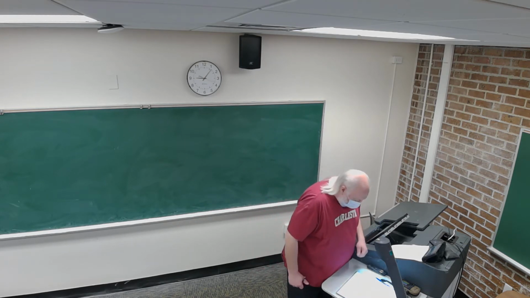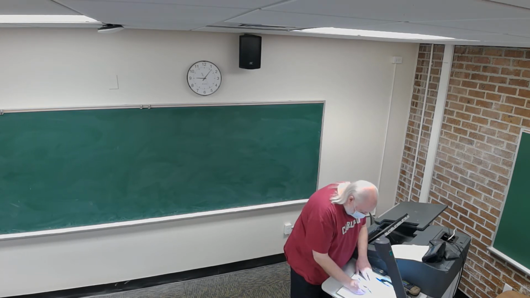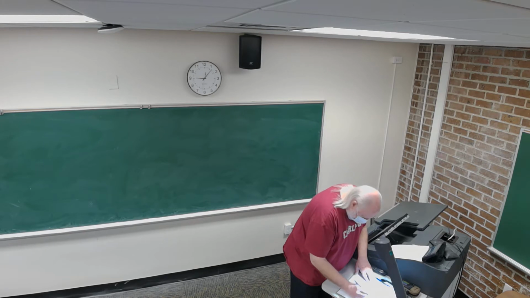So we start off with y equals x to the 5/3. Well, notice in parentheses, we have x plus 1 raised to the 5/3. So we can replace x here with x plus 1.